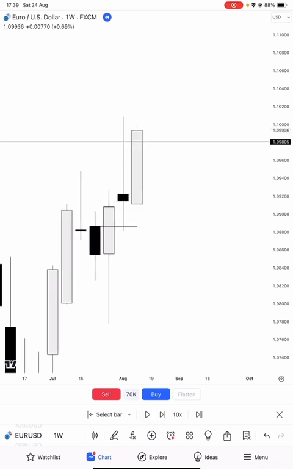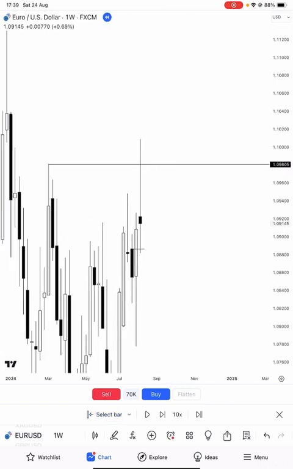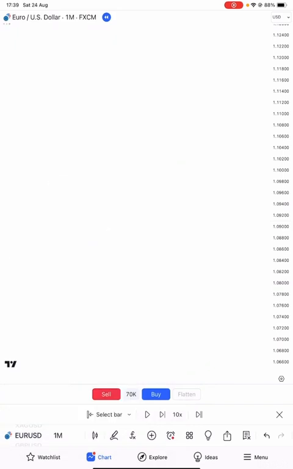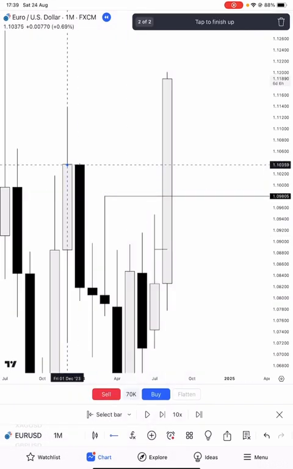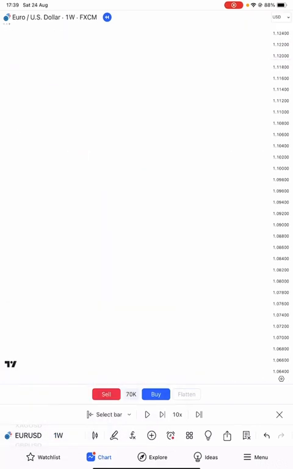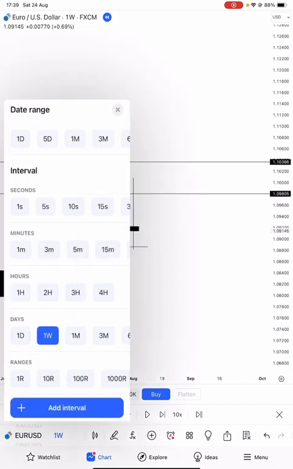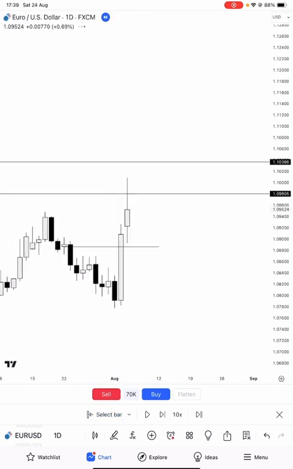I was expecting a small candle, and that's what happened. But to go more deeply, sorry, my drawn liquidity was the monthly here. The monthly rejection block, and I was expecting a small body candle.